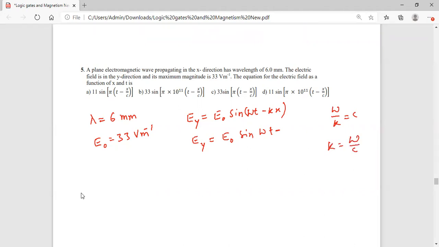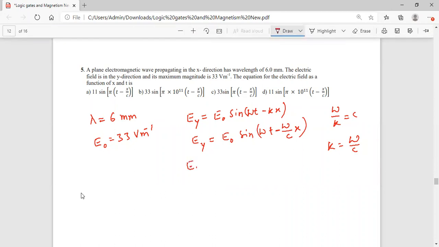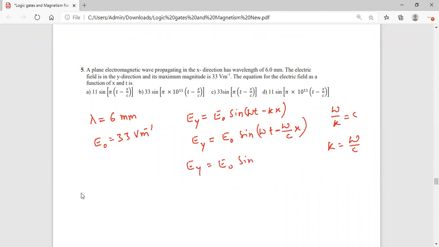Substitute here, k is equal to omega by c. This is omega by c into x. Now omega is common, hence Ey is equal to E naught sine omega of t minus x by c.